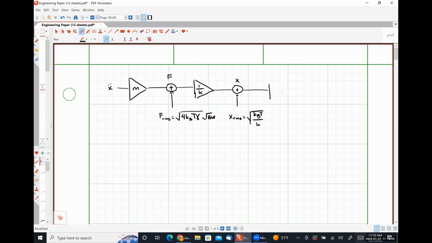And then this is going to represent the sensitivity of our capacitor. So now we are at a change in capacitance.